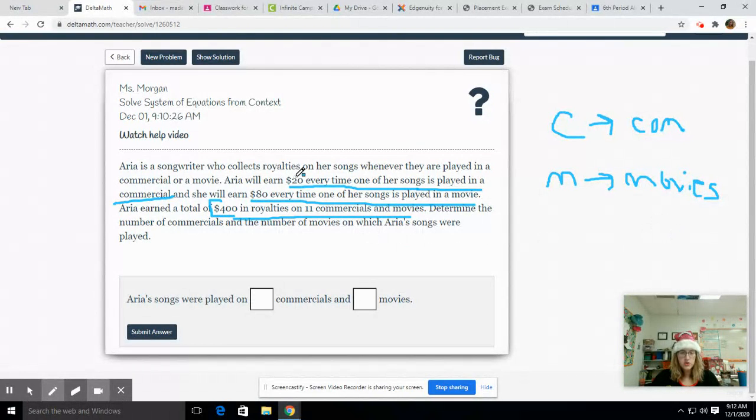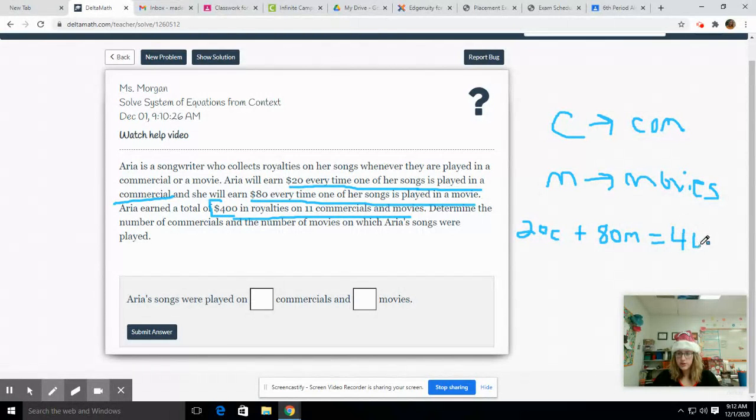So we know she'll earn $20 every time one of her songs is played in a commercial. So that's going to be 20C. And she'll earn $80 every time it's played in a movie. So plus 80M is equal to $400.